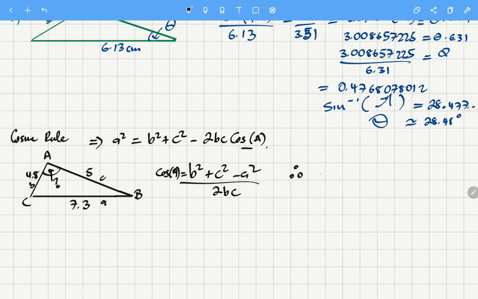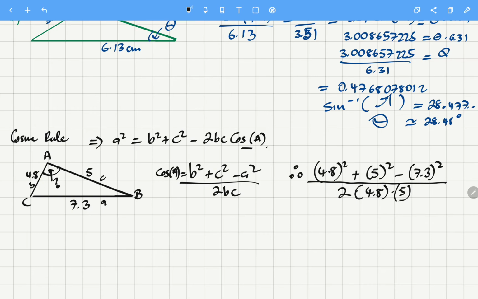So b squared is 4.8 squared plus 5 squared minus 7.3 squared, divided by 2 times 4.8 times 5, which gets me minus 0.7 something.